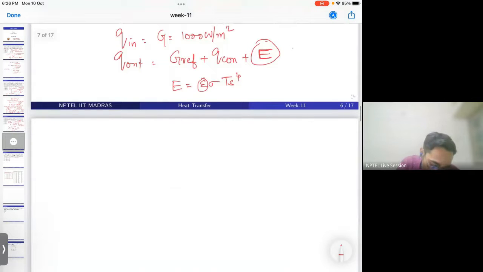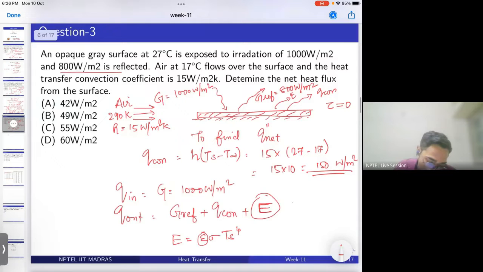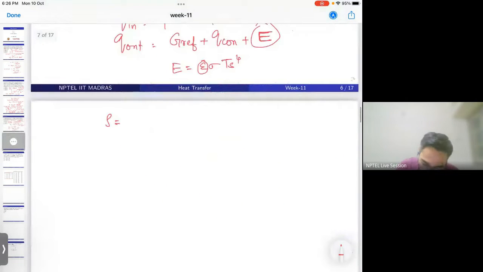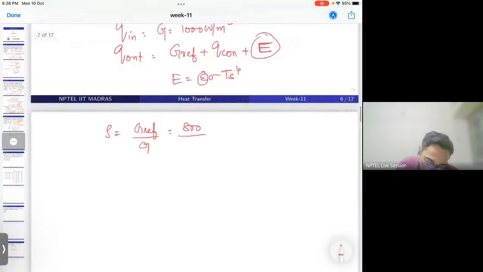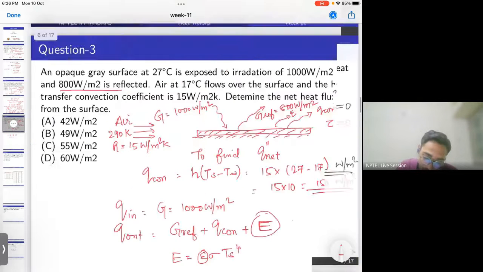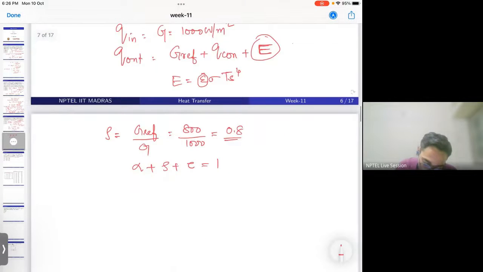First we will find the reflectivity. Rho is equal to G reflected divided by G. It is given 800 divided by 1000. This is 0.8. And also we know absorptivity plus reflectivity plus transmissivity is equal to 1. And also it is an opaque body, so the transmissivity is 0.